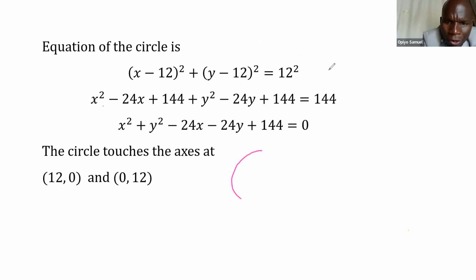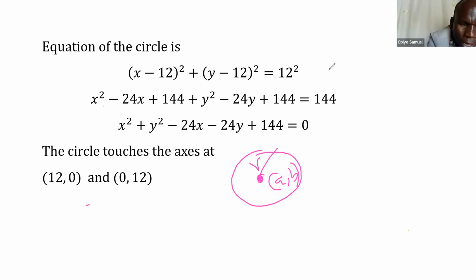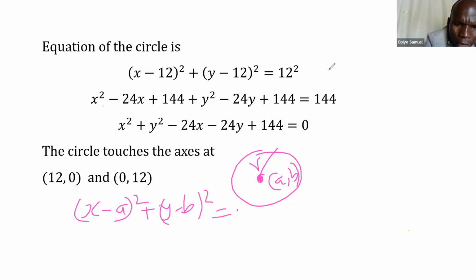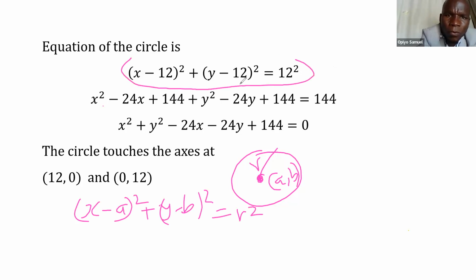If you have a circle with its center (a, b), then if the radius of the circle is R, then (x minus a) squared plus (y minus b) squared equals R squared. So this is what we have used here to write this equation. So that is the equation.